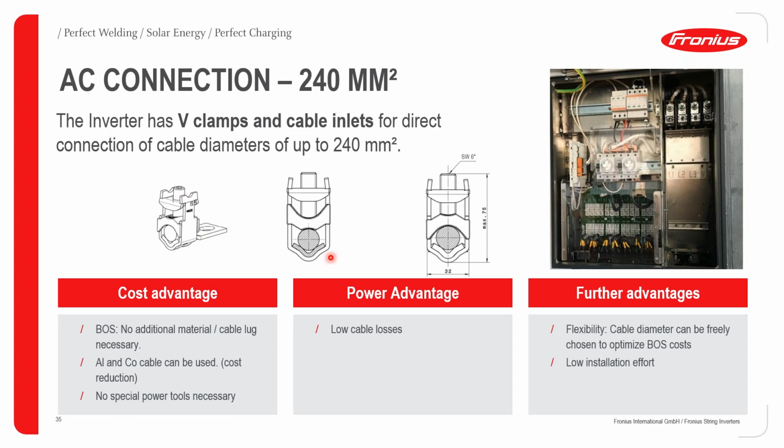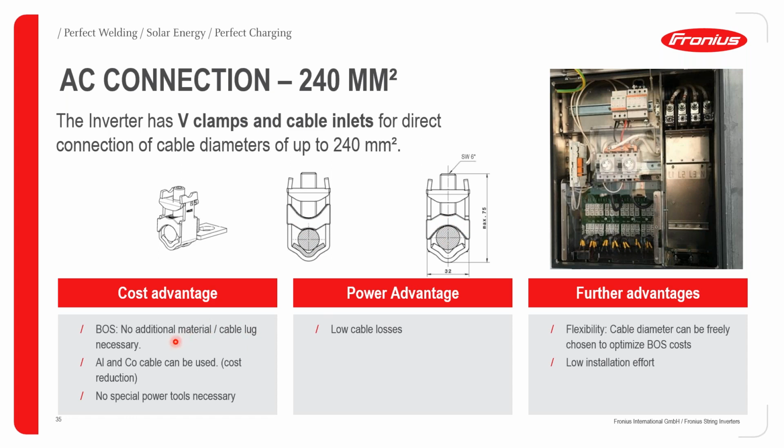Taking a closer look, you can connect cables of cross-sectional area from 35 mm squared to 240 mm squared. As you can see, this part up here can be inverted. For smaller cable diameters, it's connected this way, and for larger cable diameters, it can be inverted and connected as we can see.